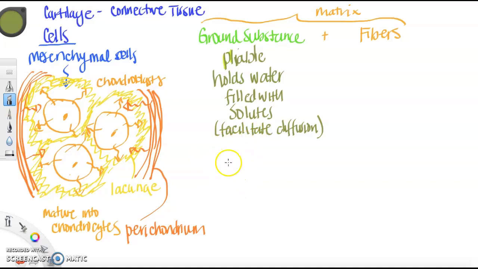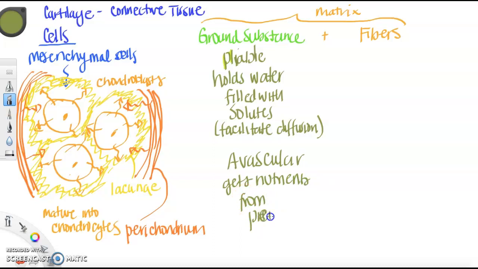So again, the cartilage itself is avascular. It has to get its nutrients from the perichondrium.